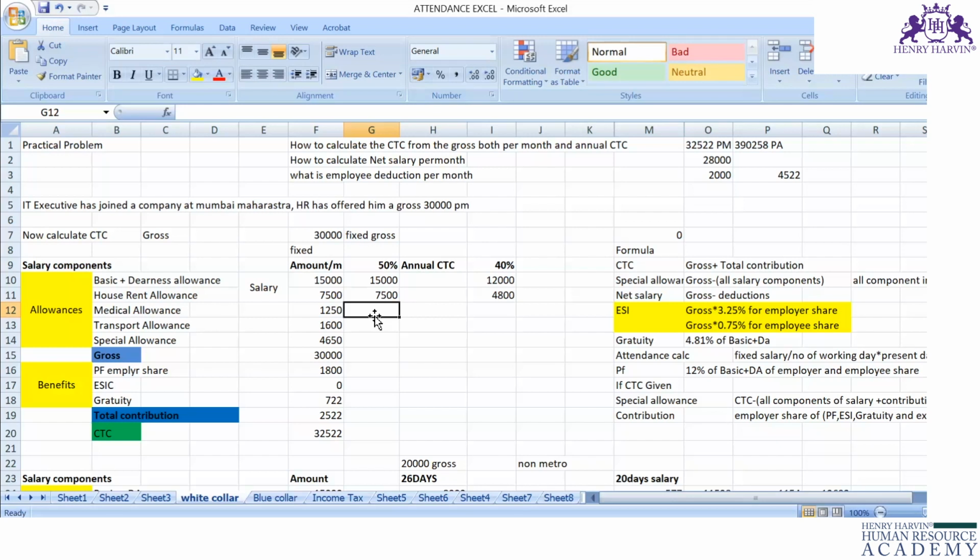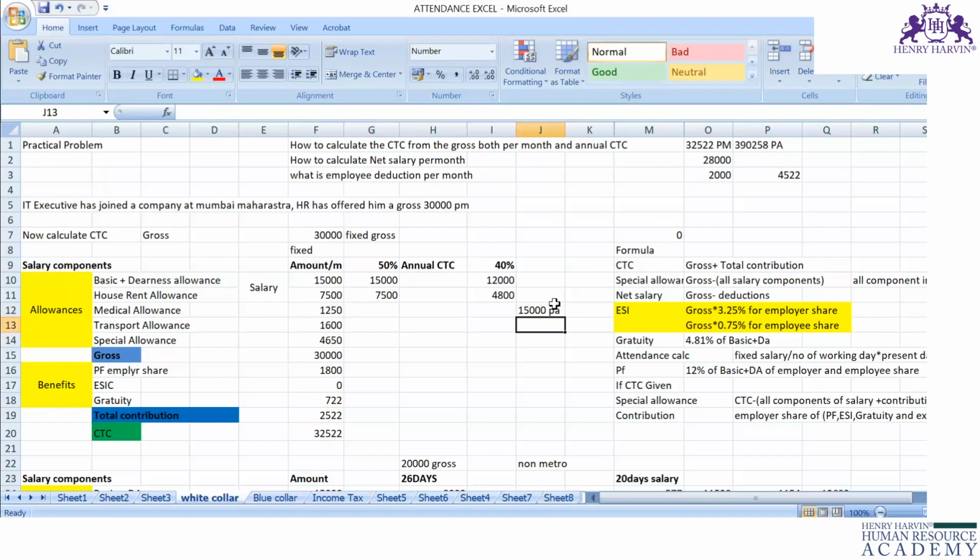If the employer is giving more than 15,000 per annum as medical allowances, then the employee has to pay tax on the excess. Say for example, the employer has given medical allowances of 20,000. Here the government has given 15,000 per annum as exemption for medical allowances.